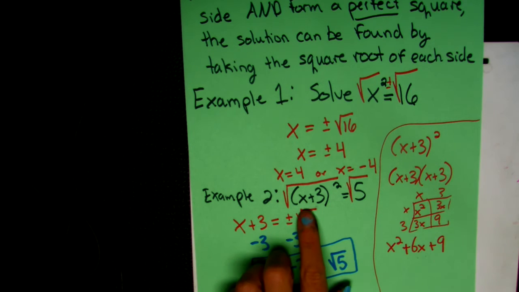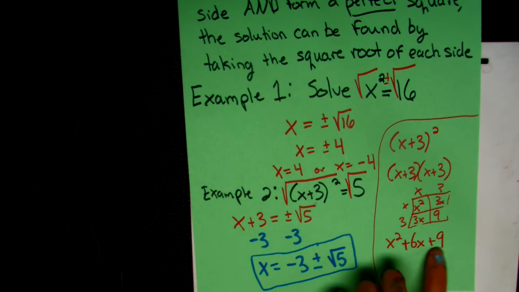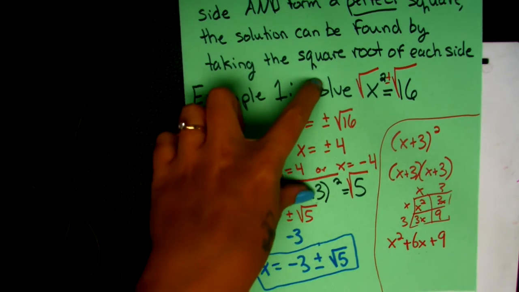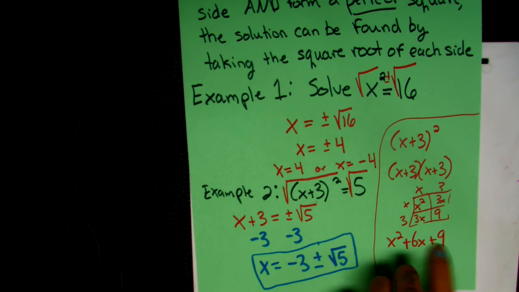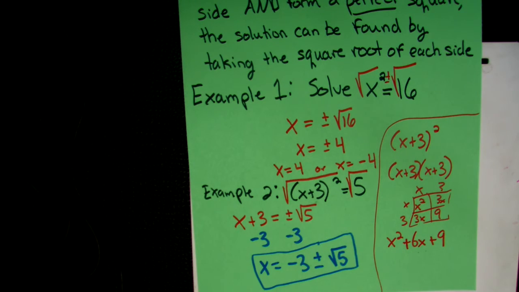So sometimes we are not given a perfect square. Sometimes we're given a quadratic equation that's not in a perfect square. So we had to have a perfect square trinomial in order to use this method that we've been using where we square root both sides. So we have to rewrite our trinomial as a perfect square.